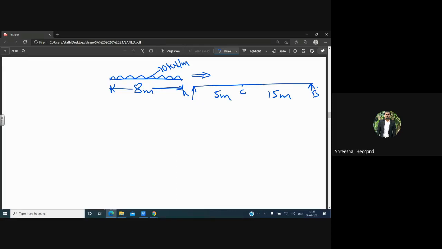You need to find out what will be the maximum reaction at A, what will be the maximum reaction at B, and you need to find out the maximum shear force, that is positive as well as negative.